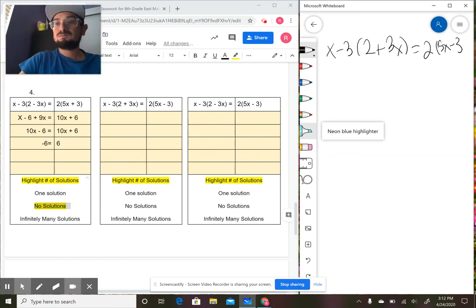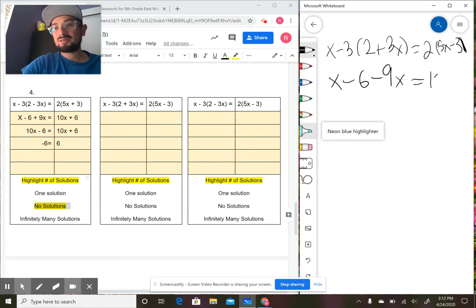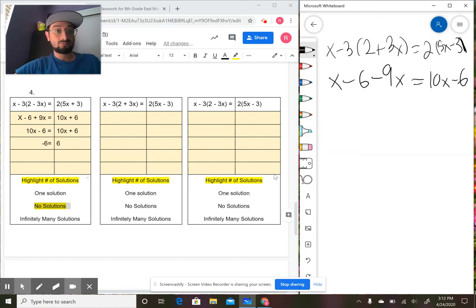So now it's still negative 3, so we're going to multiply negative 3 by 2, so it's going to be negative 6. A negative times a positive is a negative, 9x is equal to 10x minus 6, right? So write that down.